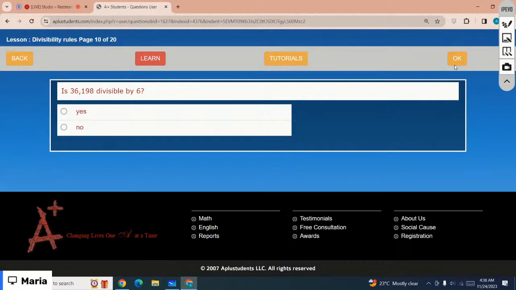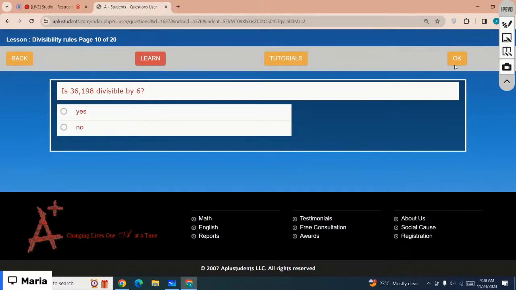Okay. Is 36,198 divisible by 6? Which is the correct option? For 6, the number must be divisible by 2 and by 3. So just apply the divisibility rule for 2 and 3 on the number and let's see if it is divisible by 6.